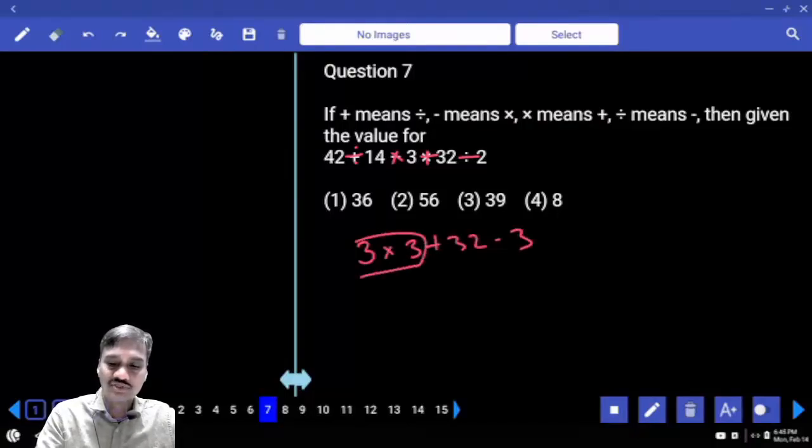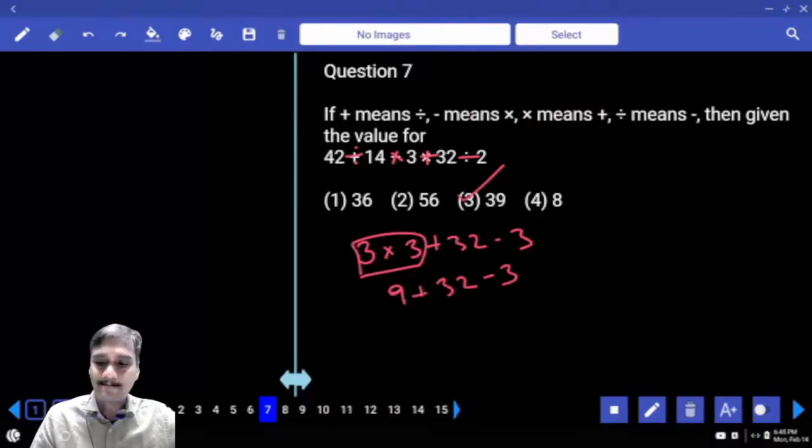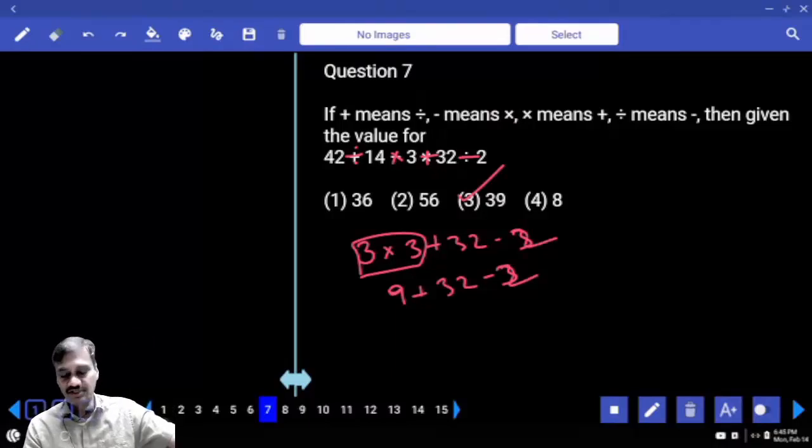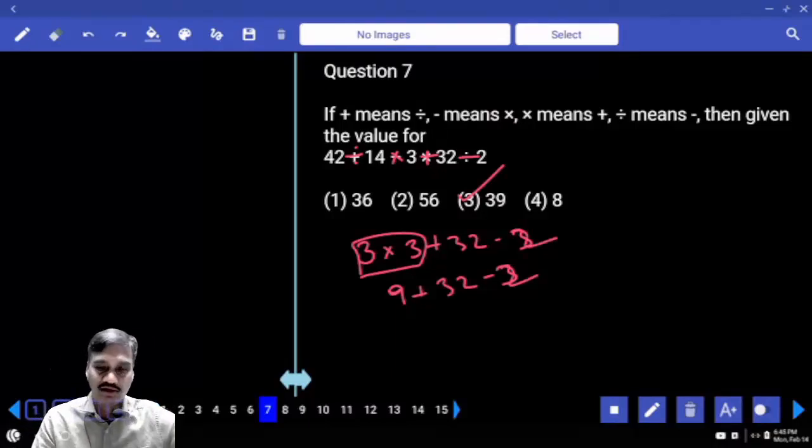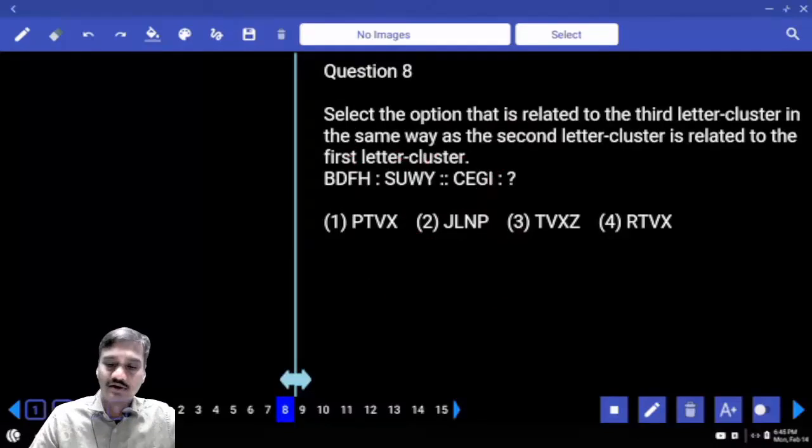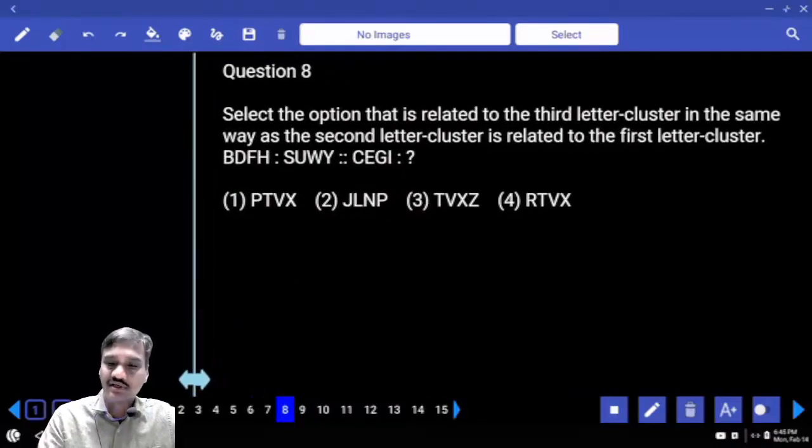Now 3 into 3 is how much? 9. 9 plus 32, 41 minus 2, 39, choice 3. Then question number 8. Now this 8th one is based on analogy BDFH.